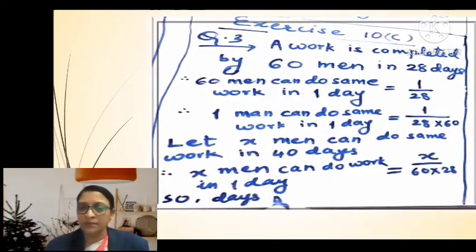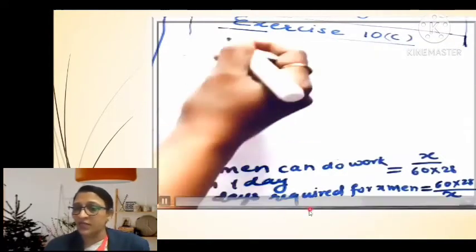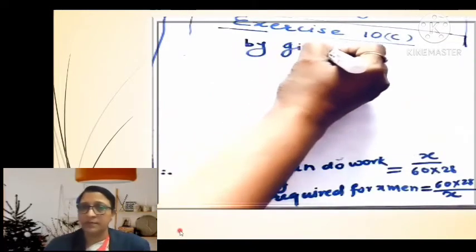So days required for X men is equal to 60 multiplied by 28 upon X. Here we have made inverse since we need to find out the days required by the X men.